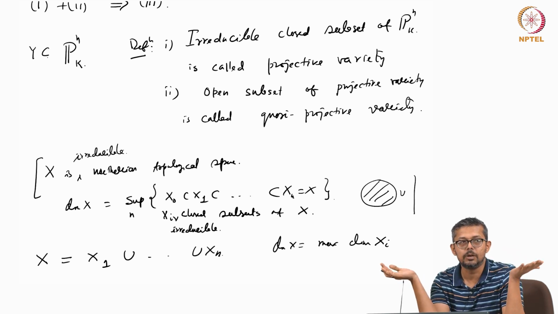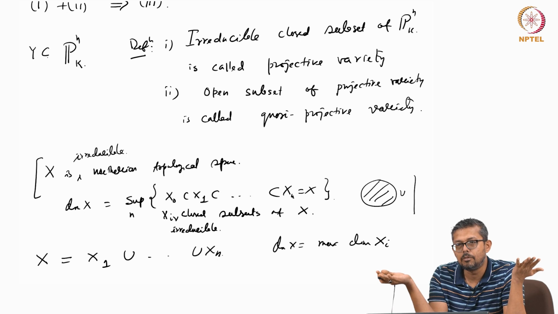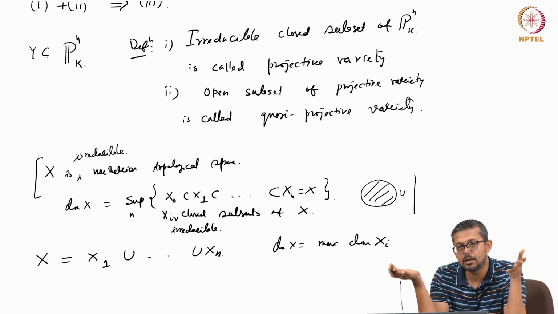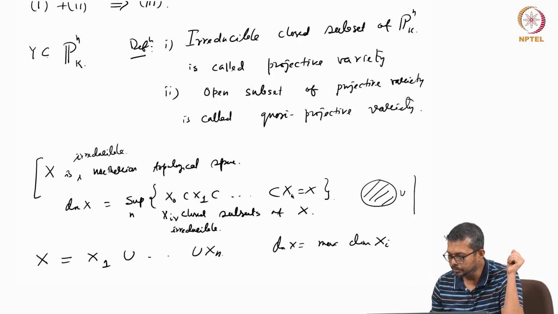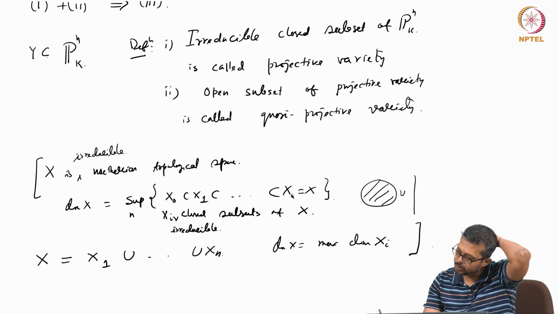Now if it is an arbitrary topological space, you have a finite union of irreducible ones, and you define the dimension of X as the maximum of these. Then it makes sense, right? Okay, so this is a dimension.